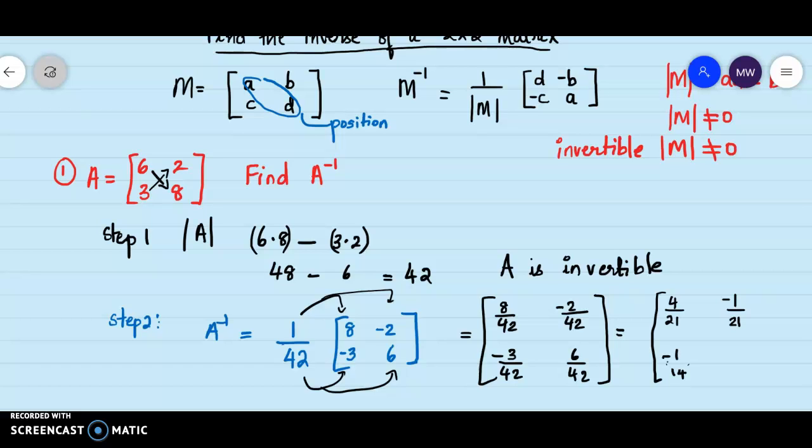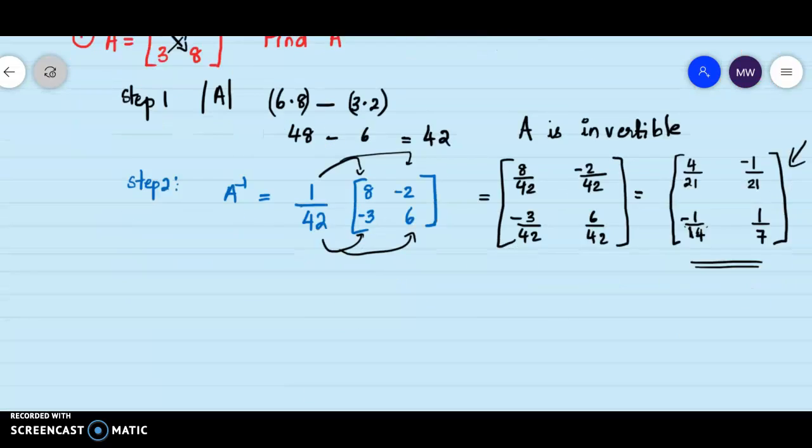So that should be a negative 1 over 14, because 3 goes into 42 14 times. And then 6 divided by 42 is reduced as 6 goes into 42 7 times, so 1 over 7. So that's the answer to the inverse of matrix A. A inverse is equal to this 2 by 2 matrix.